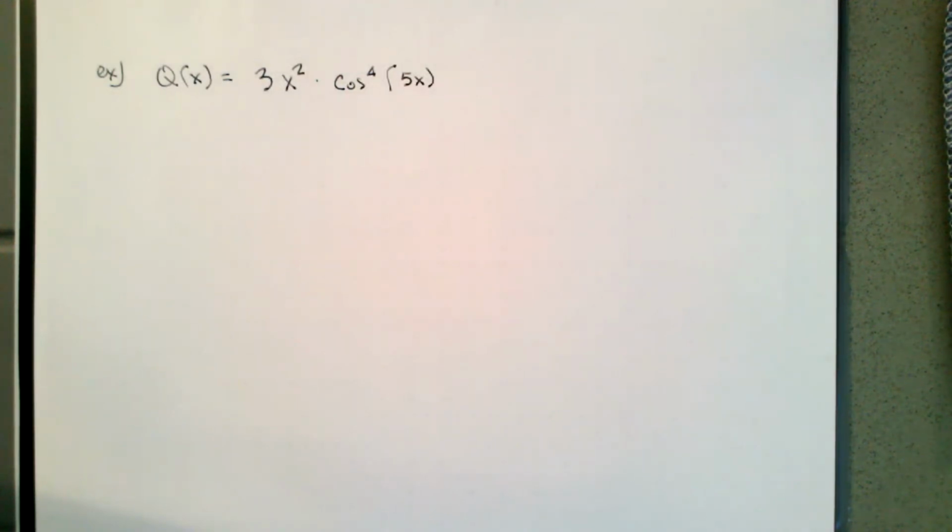In the previous problem, we just had 3 cosine squared of 5x. It was just a bunch of chain rules. What's the first rule that we're going to apply to find q prime of x?